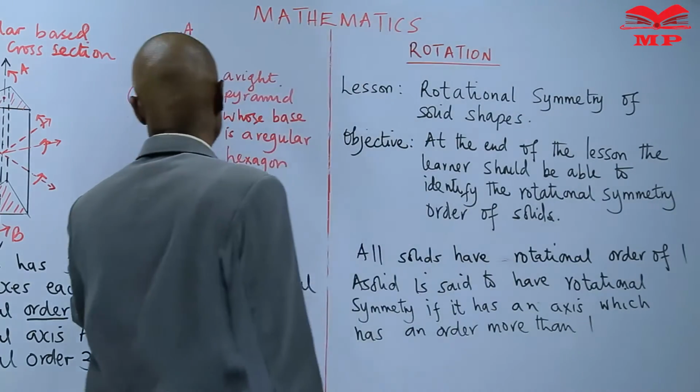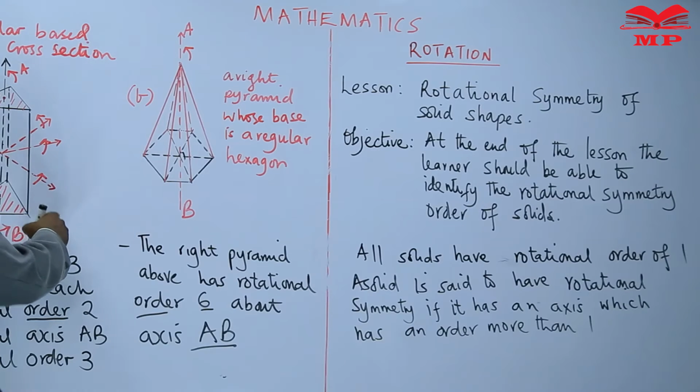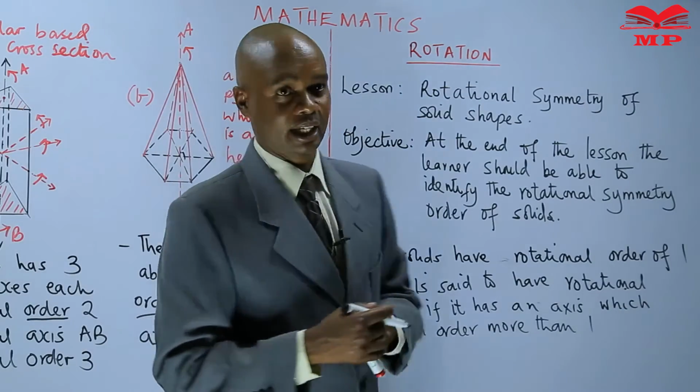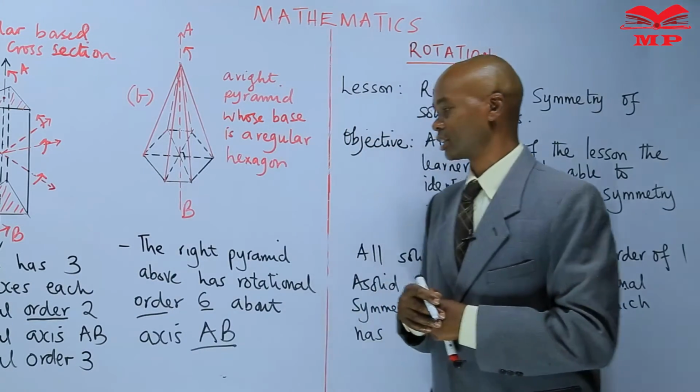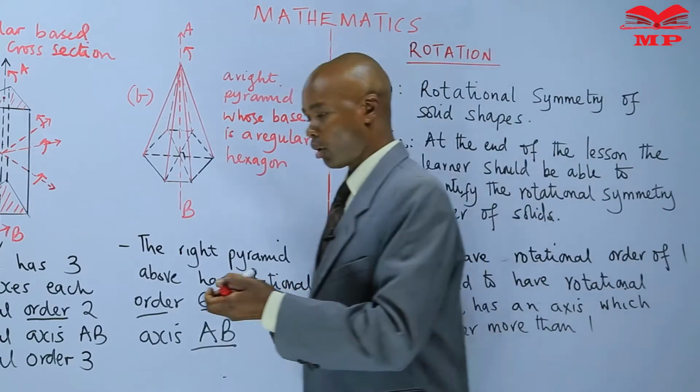Like this one has rotational symmetry, and that one, and also this one, because there is at least an axis having more than one order.